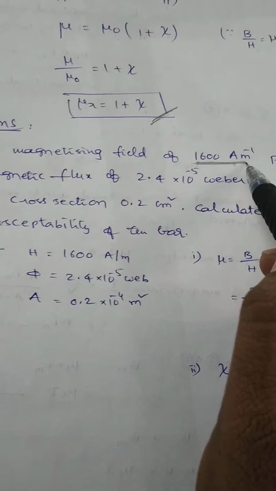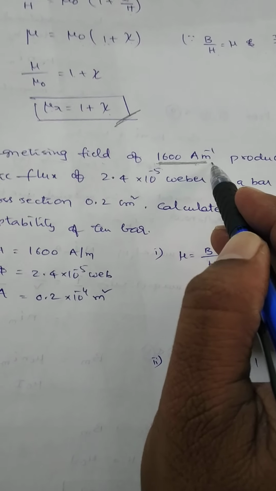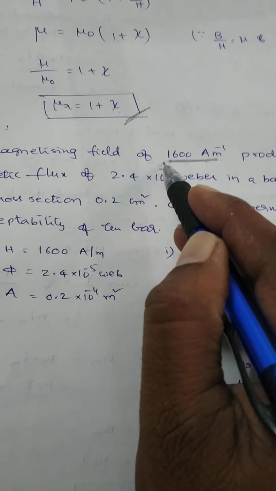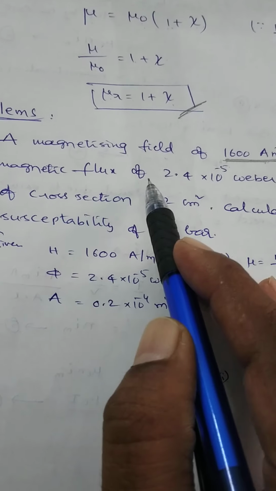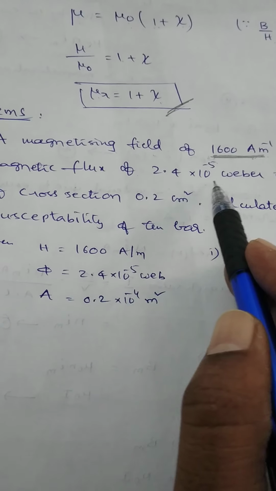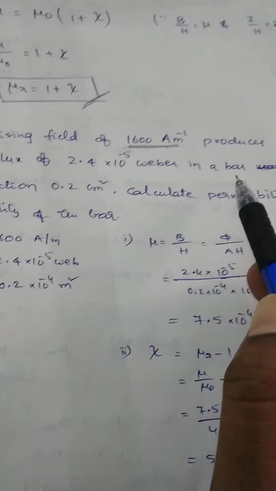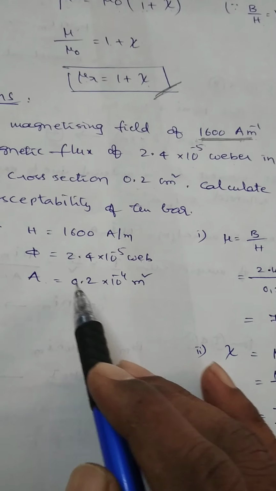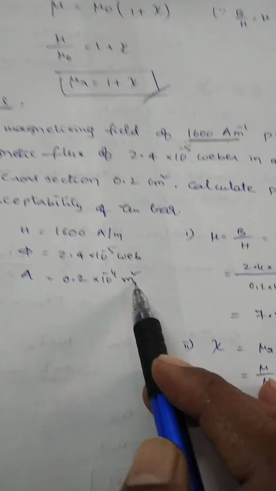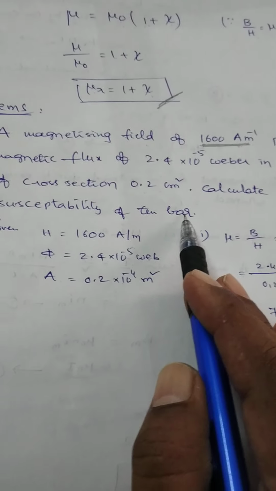Remember this: a magnetizing field, unit is ampere per meter, means it is capital H. It produces a magnetic flux of 2.4 into 10 power minus 5 Weber, flux phi, in a bar of cross section 0.2 centimeter square. Cross section A equal to 0.2 into 10 power minus 4 meter square. Find the permeability and susceptibility of the bar.